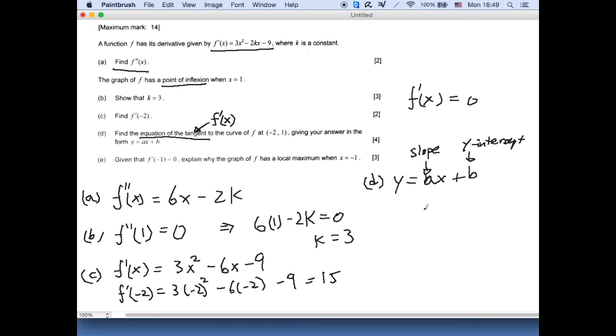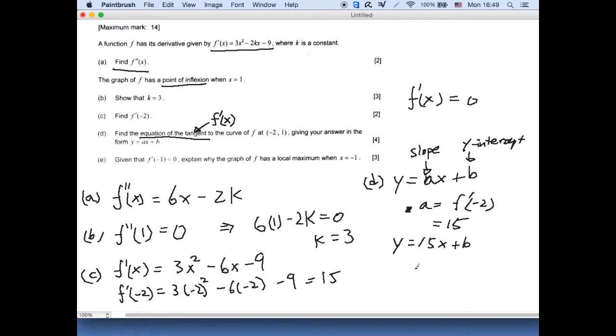From here we know that the slope a is nothing but f prime negative 2, which is found in part C, which is 15. Then we can rewrite the equation as y equals 15x plus b.